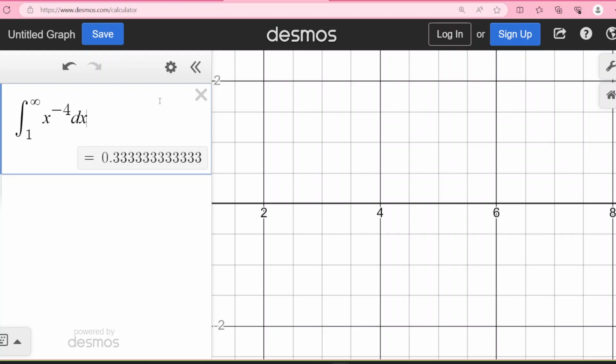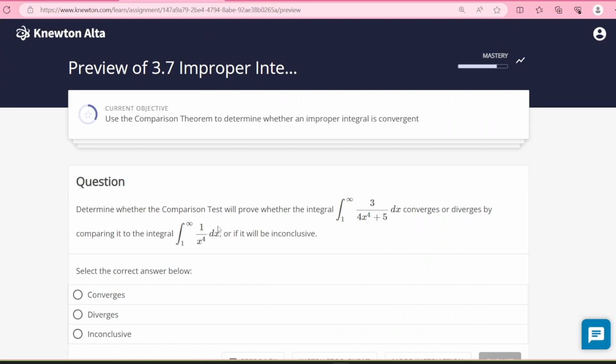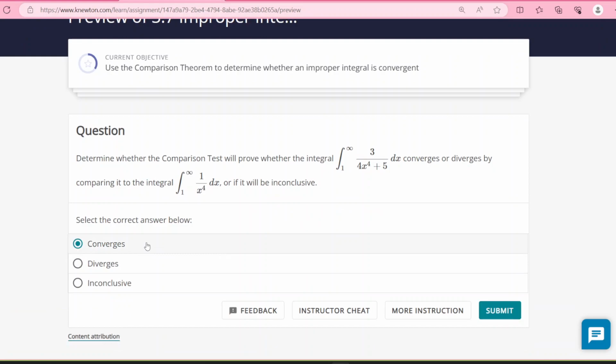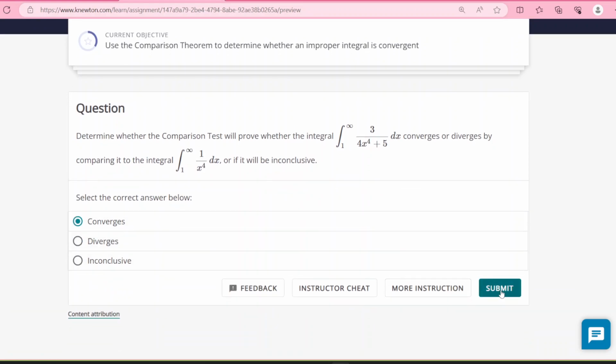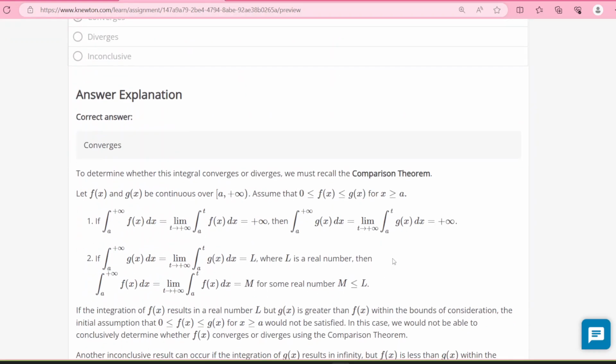It's actually perfectly a third if you change it to a fraction. So this converges. And again, if this 1 over x to the fourth was the larger one, and that converges, the smaller one's going to converge as well. So I'm selecting converges for our original integral by the comparison test. Great.